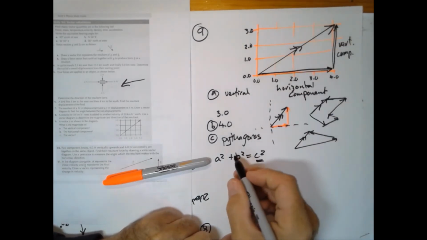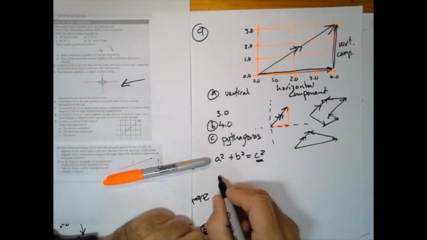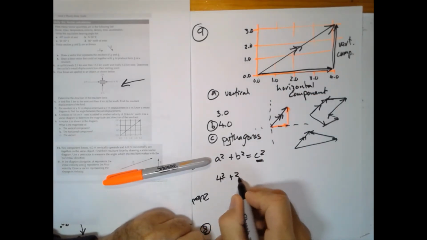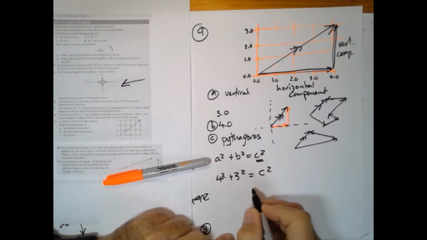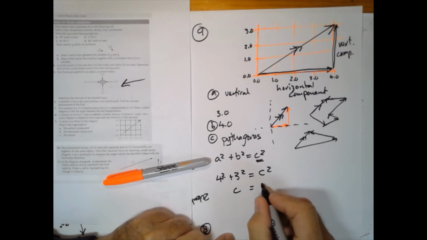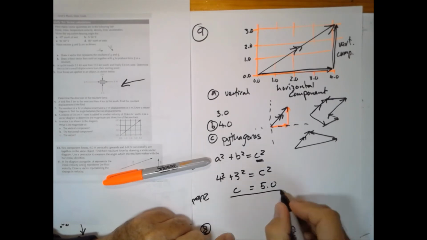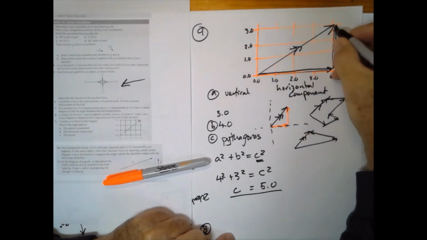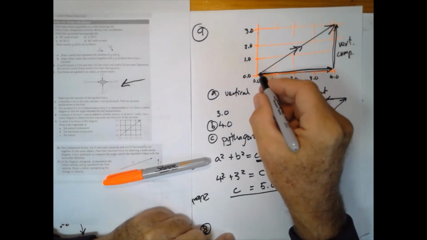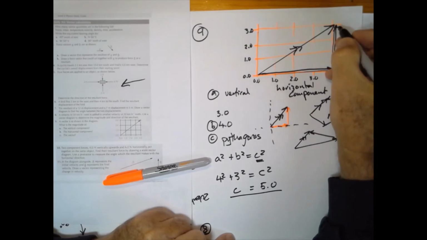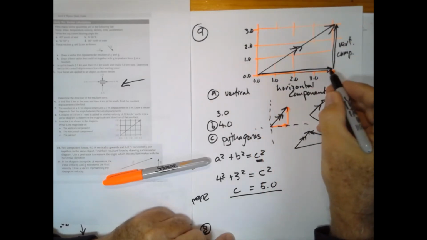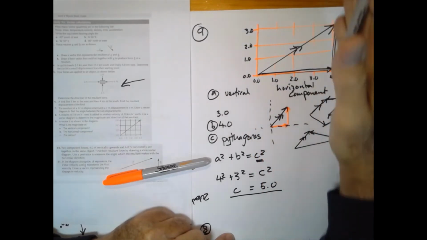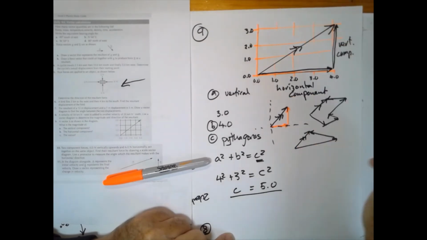So we have 4 squared plus 3 squared is equal to c squared, and we do our sums, and that's going to equal 5.0 units. Components: for this vector, we can say it's a resultant of this vector plus this vector, this being the horizontal component, the vertical component adds up to that.